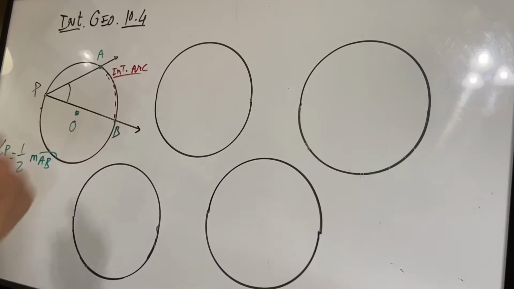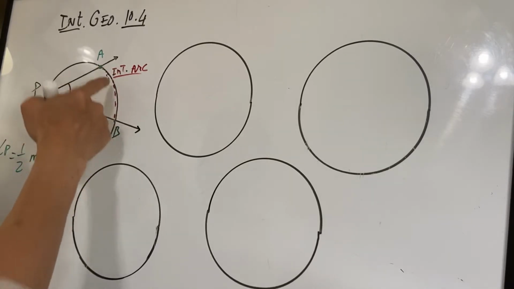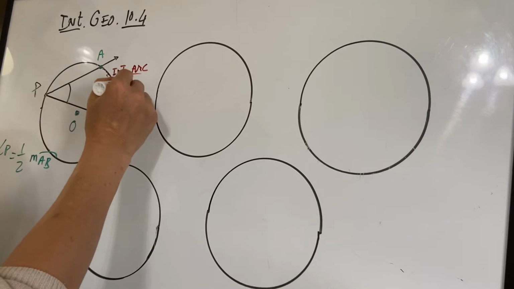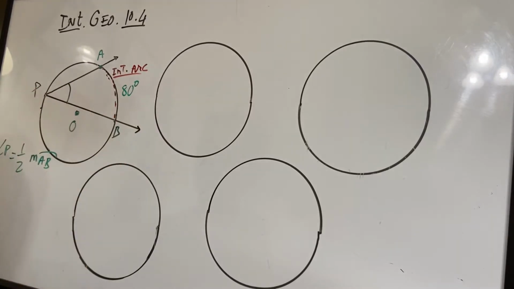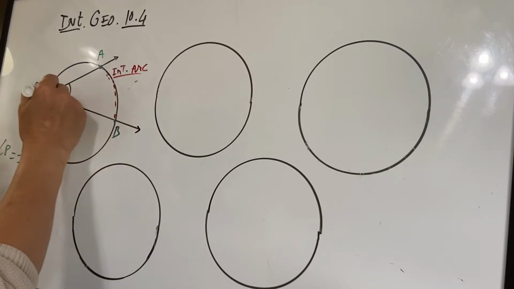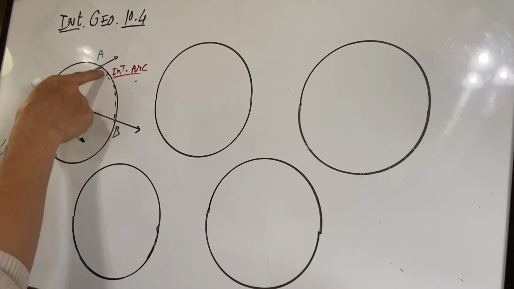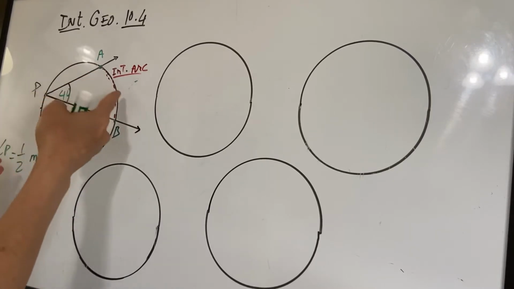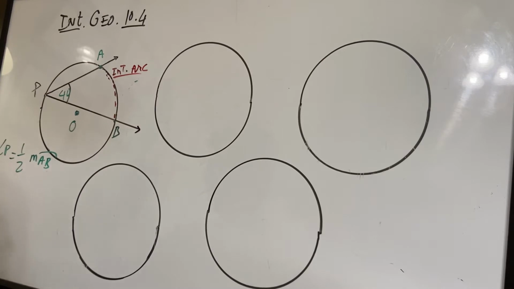So if the minor arc AB is 80 degrees, what is the inscribed angle P? 40. Vice versa, if you don't know the intercepted arc but you know the inscribed angle is 40, then the intercepted arc is twice that inscribed angle. That's the theorem for you to capture.